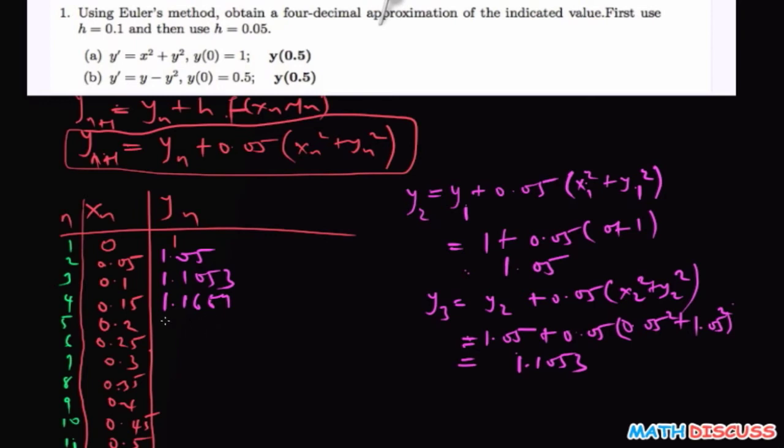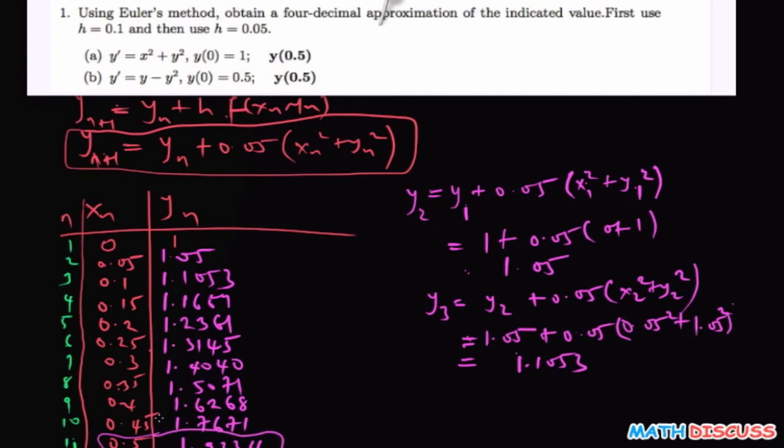Then 1.2361, next is 1.3145, next is 1.4040, then 1.5071, 1.6268, 1.7671, and the last one is 1.9334.